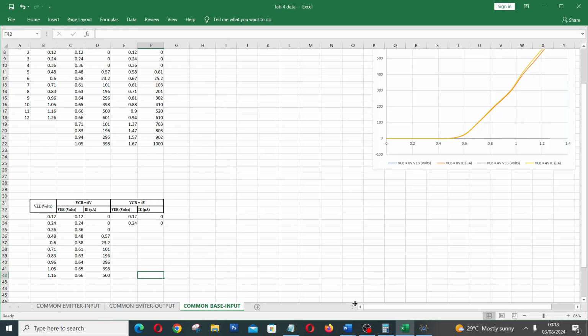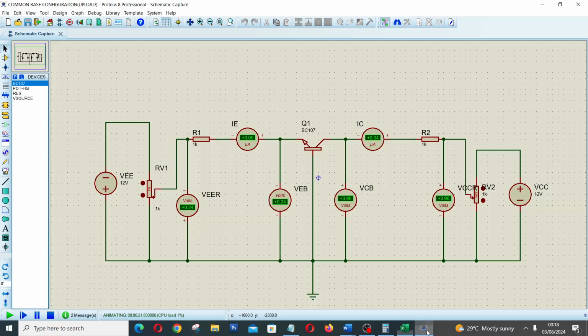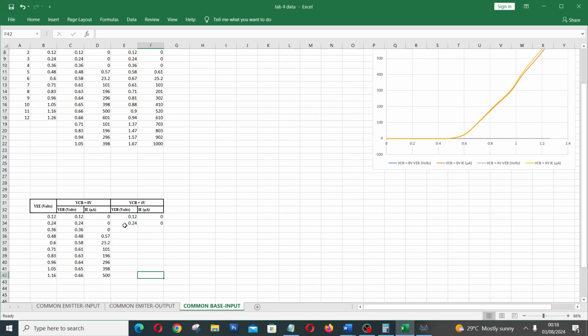Then at 0.36, IE is still 0, so the voltage is still 0.36, 0.